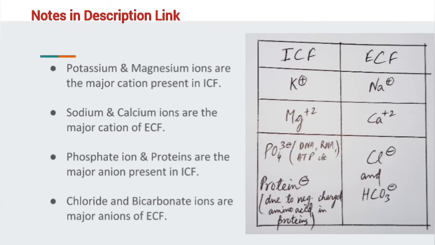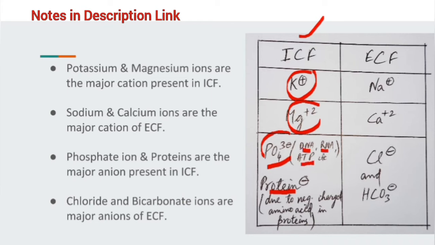Let's discuss the major cations and anions which are present in our body. The potassium ion and magnesium ion are the major cations in the intracellular fluid, and the phosphate ion and proteins are the major anions in the intracellular fluid. The phosphate ion is present in DNA, RNA and ATP.